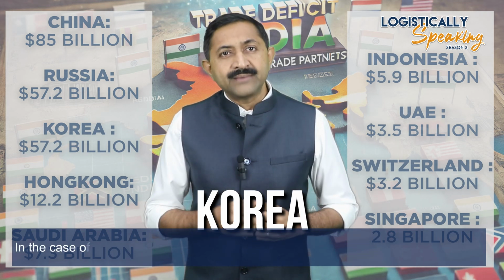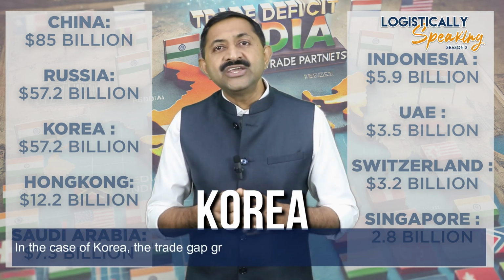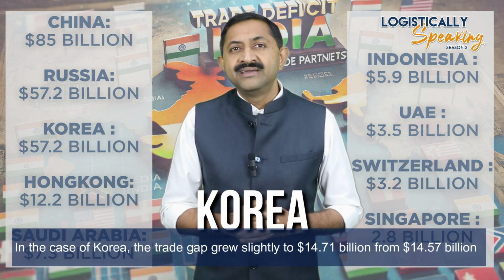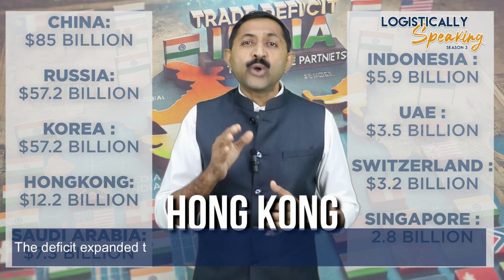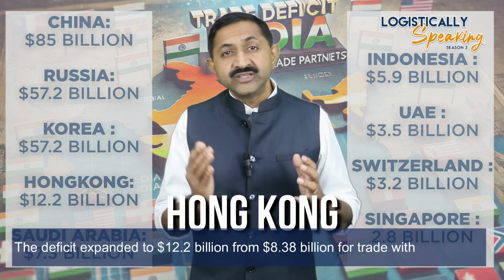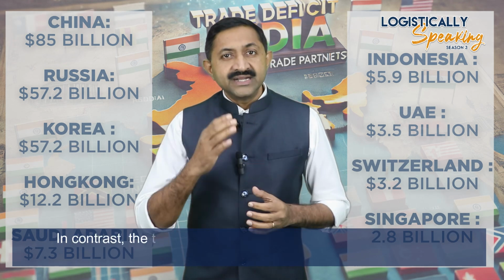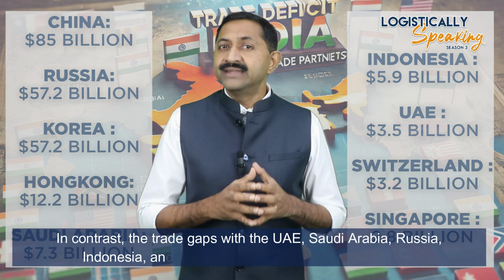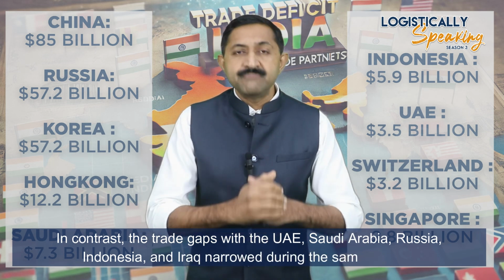In the case of Korea, the trade gap grew slightly to 14.71 from 14.57 billion. The deficit expanded to 12.2 billion from 8.38 billion for trade with Hong Kong. In contrast, the trade gaps with the UAE, Saudi Arabia, Russia, Indonesia, and Iraq narrowed during the same period.